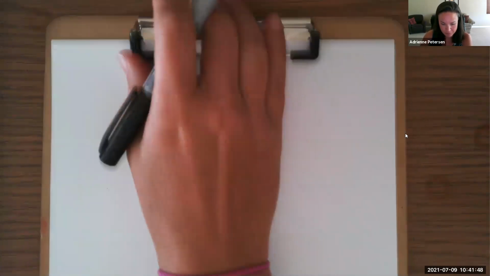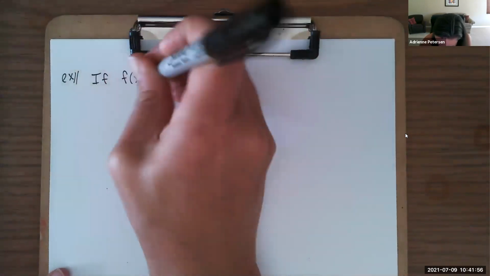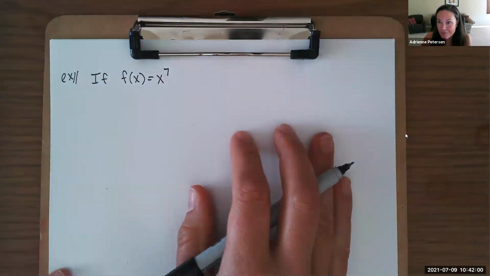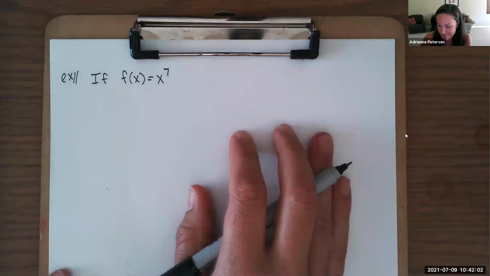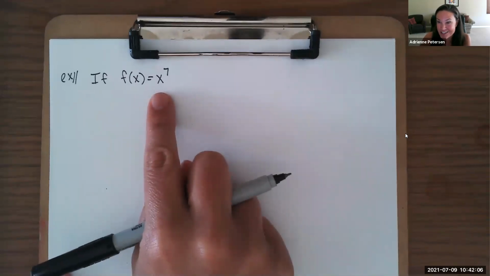So let's do some examples using the power rule. And I'll do some examples in different notation here. So our first function, let's say f of x is equal to x to the 7. Now, thinking about how we did this in section 2.7, we would set up the limit definition, and now we have to multiply out x plus h to the 7.